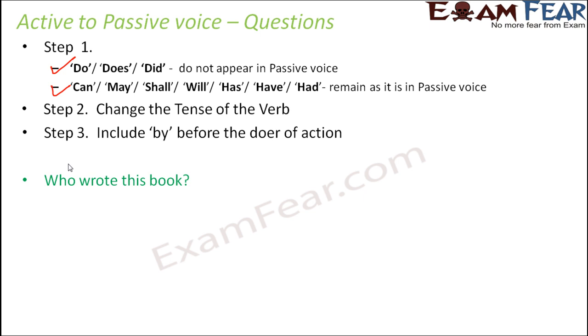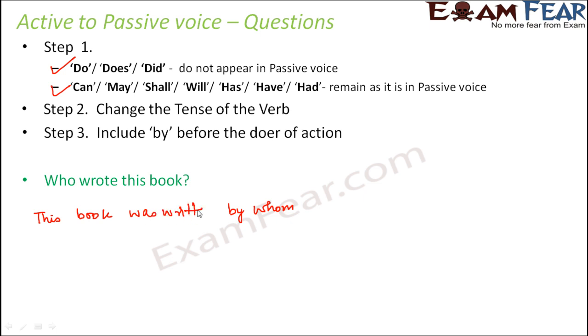Now, when you want to convert it into passive voice, as per what we have learned till now, you will interchange the object and the subject. The object here is the book. With that logic, maybe you will convert it like this: this book by whom, and wrote will become was written.